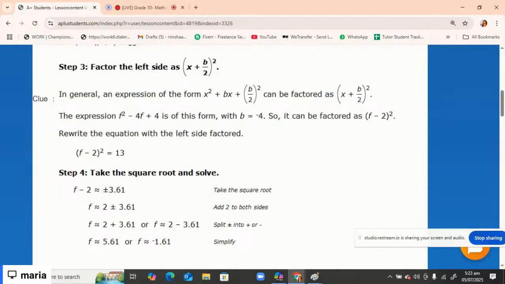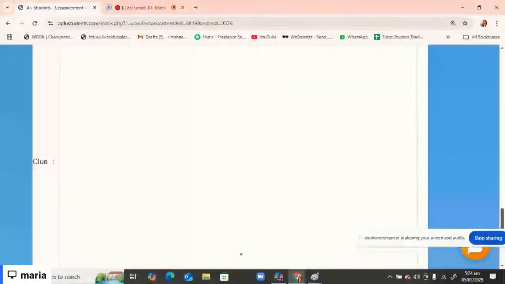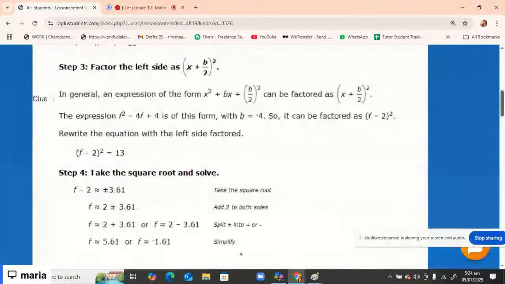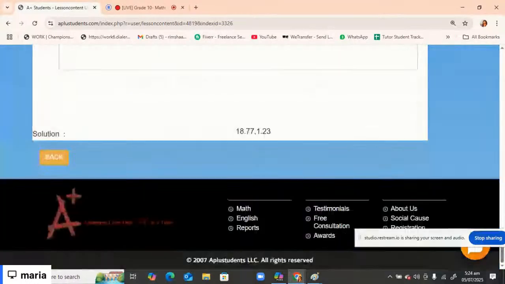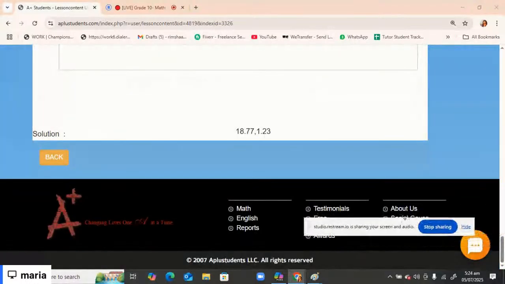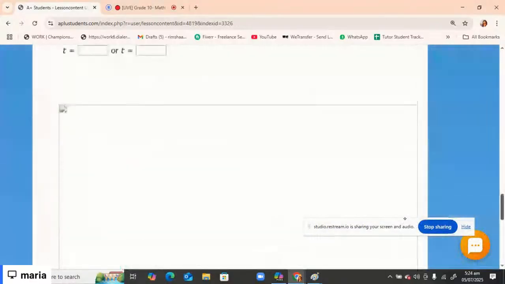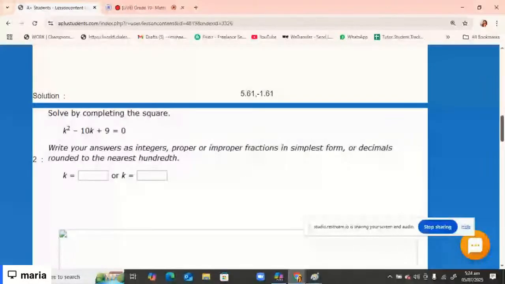k square minus 10k plus 9. Okay, let's take this one, k square minus 10k.